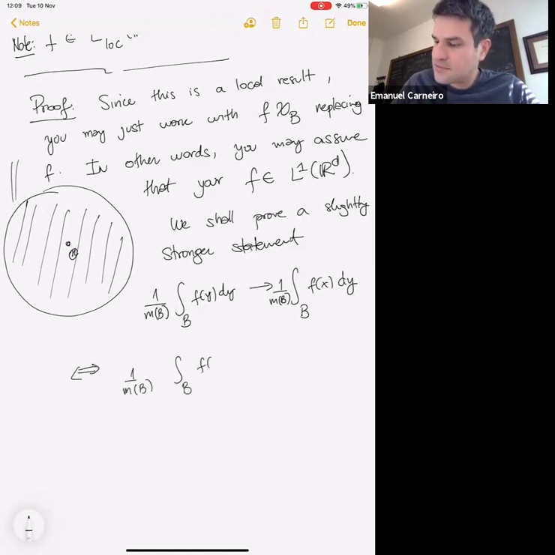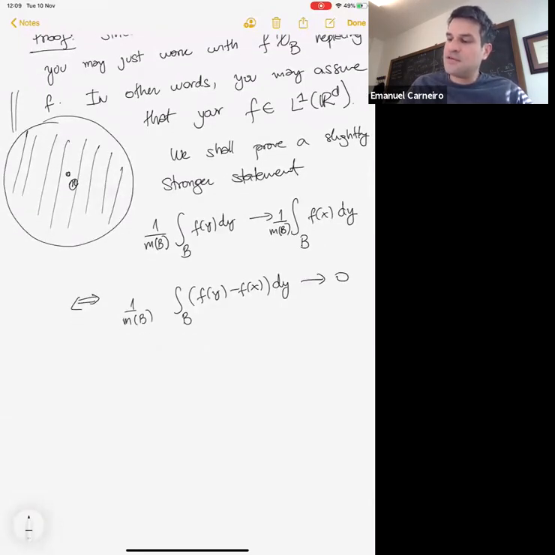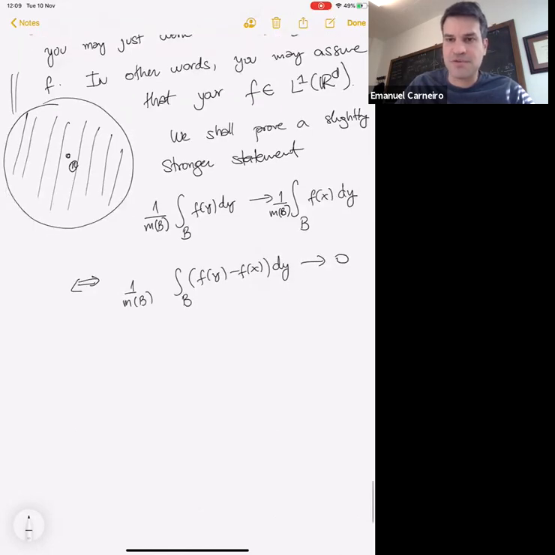Okay, so in essence, what I want to show is that this thing goes to 0 if I subtract. So this is what I want to show, that the average over balls of f of y minus f of x goes to 0 when I shrink my balls to 0.